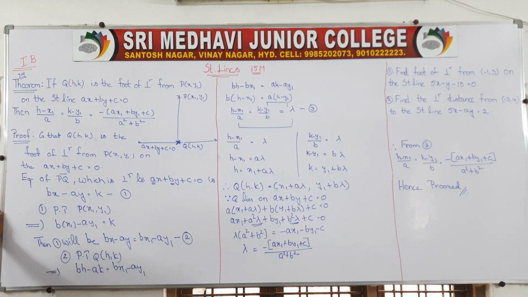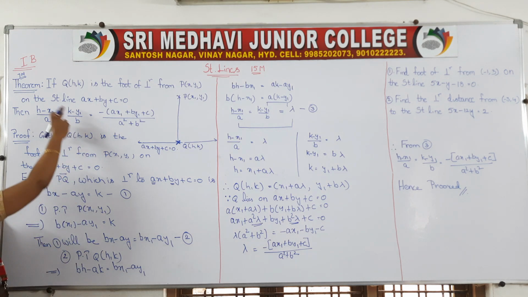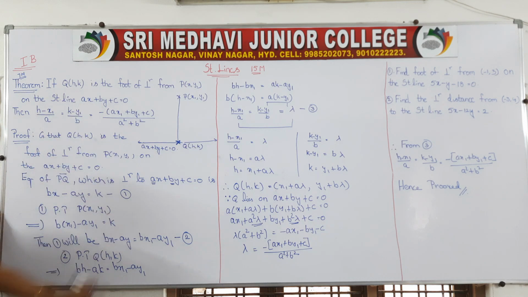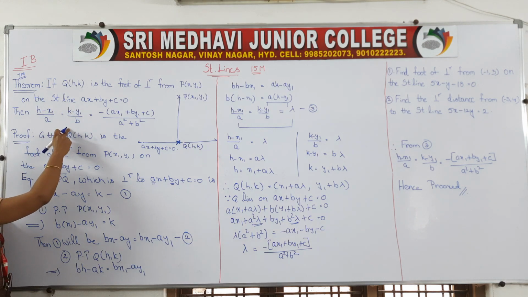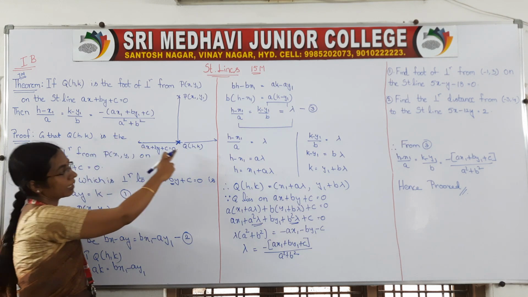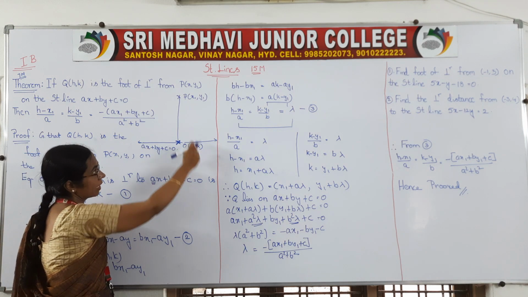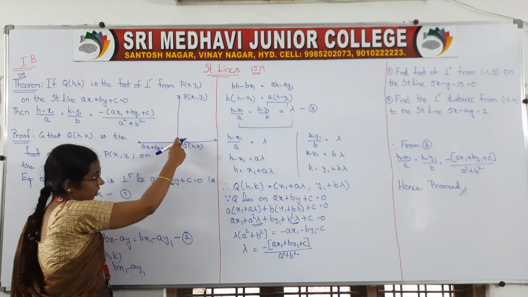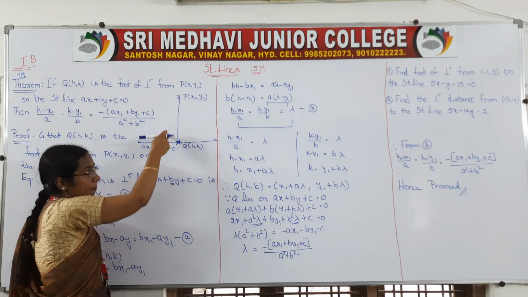Okay. So, what is this? Once again, listen here. They have given the statement, if Q(h, k) is the foot of the perpendicular from P(x1, y1) on the straight line, then prove this condition. So, in the proof, first, what is the given information to you? Q(h, k) is the foot of perpendicular.